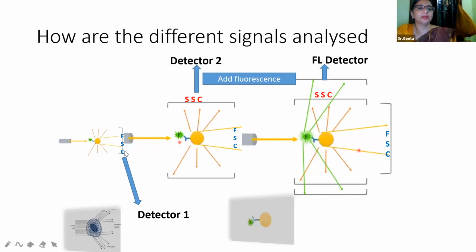Herein, the first antibody signal goes to detector 1, the next one goes to detector 2, and then the same happens with the last detector, which takes up the third antibody fluorescent signal.